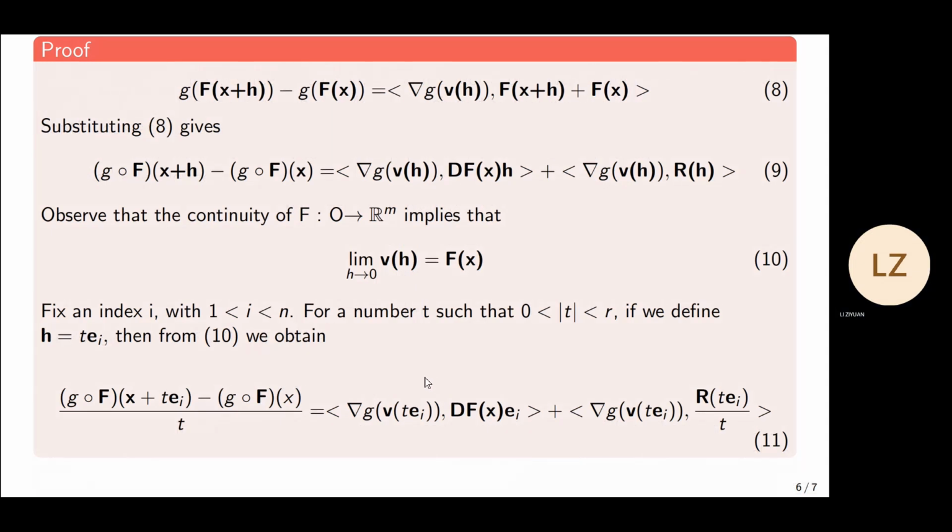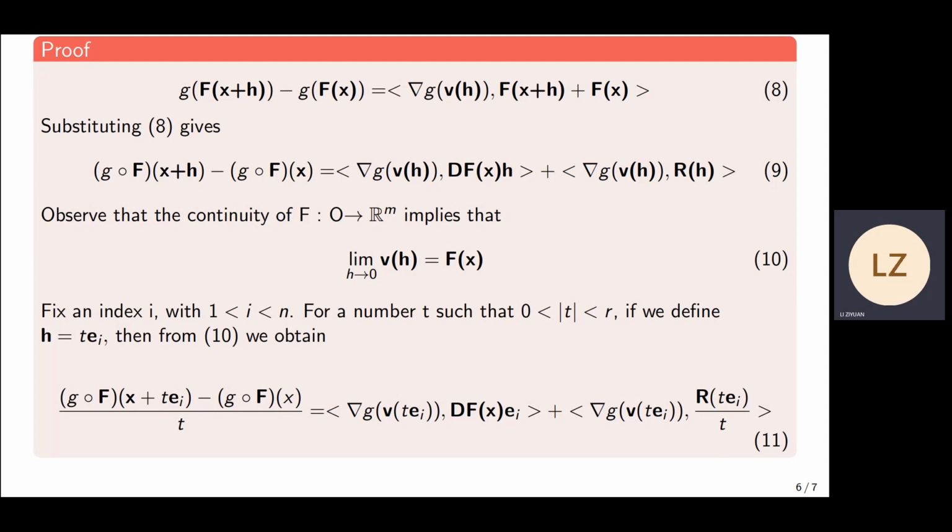So we have g(f(x+h)) minus g(f(x)) equals the inner product of the gradient of g at v(h) and f(x+h) minus f(x). By substituting equation 8, we have g(f(x+h)) minus g(f(x)) equals the gradient of g at v(h) times Df(x)h plus the inner product of the gradient of g at v(h) and r(h).